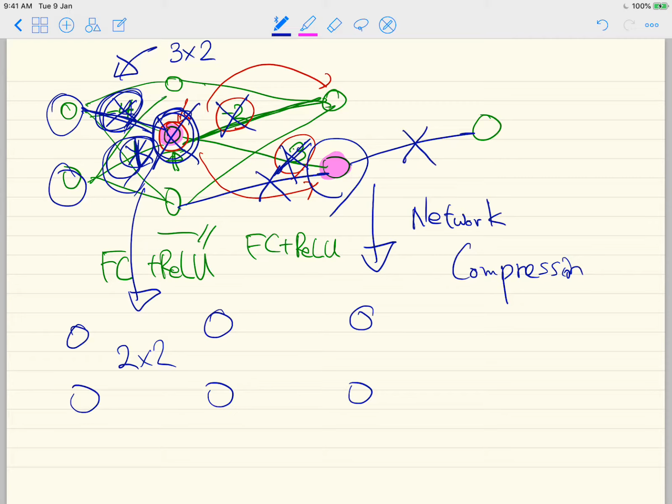In your phone, the computation of this forward propagation will drain your battery, and it will also introduce some latency for real-time applications, right? During the taking of photos, it takes the video streams as input, so it has to guarantee a real-time response with minimal latency. So in that case, this kind of network compression is quite important, right?